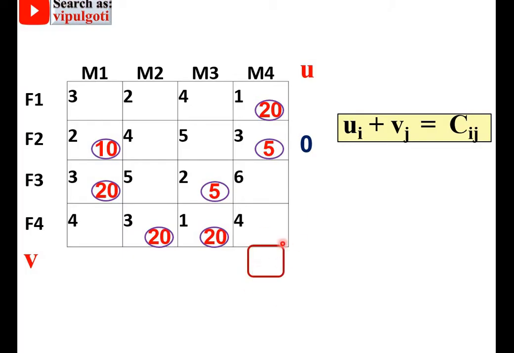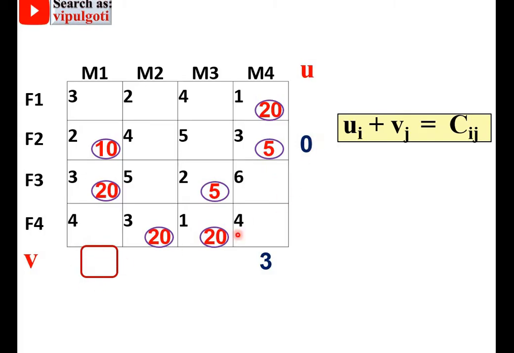If I want to find over here the value of V, then according to this formula, corresponding values of Ui plus Vj must be equal to Cij. So you can understand it should be 3. Next, if I want to write over here, then corresponding Ui is 0 and corresponding Vj is this one.